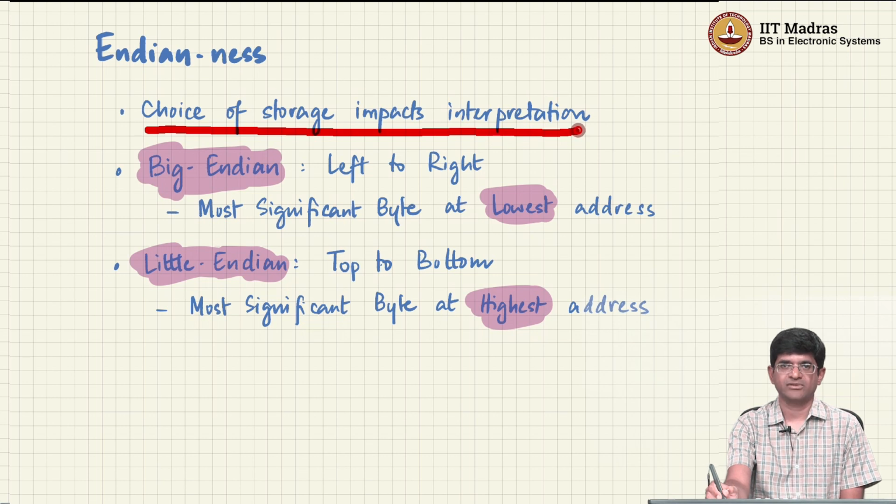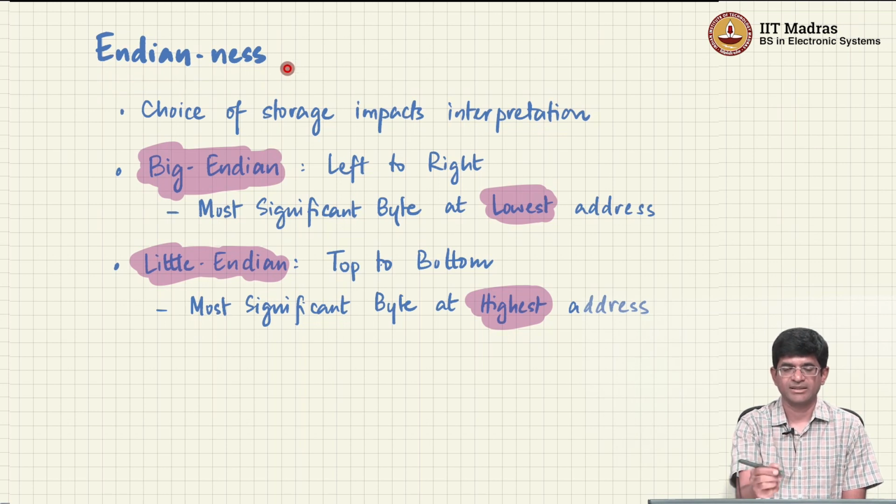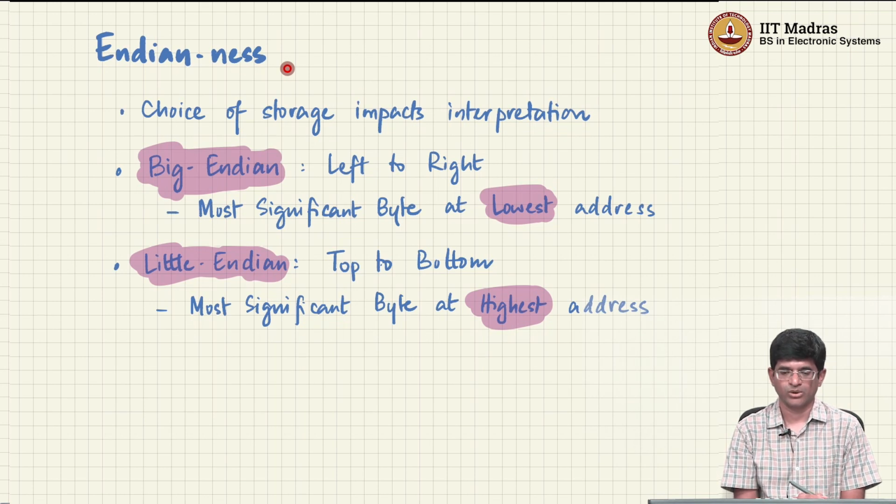If I just ask for what is stored in location number 1 and I do not know whether the person who built this computer was thinking of a left to right tape or a top to bottom stack of memory, I do not know whether the data stored in location 0 is the next byte or the previous byte, right. It would depend on which way I am looking at it, and this is essentially referred to as something called Endianness, right. Which end of the 2 byte value should be stored at the lower byte address, okay.